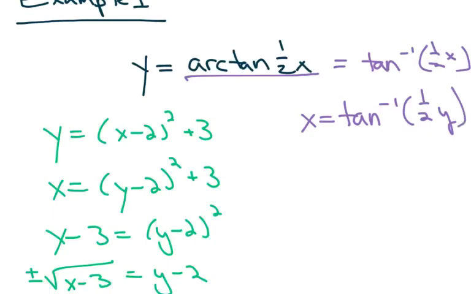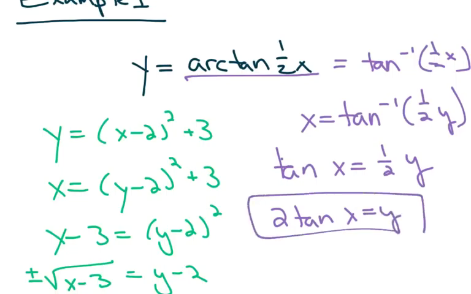Now, how will we solve this for y? First, we have to get rid of inverse tan, and the inverse is tangent. And then we would get rid of the 1/2 by multiplying the other side by 2. And this would be the equation of the inverse.